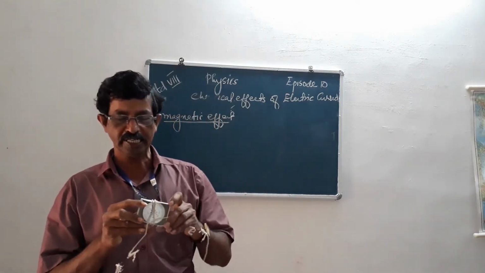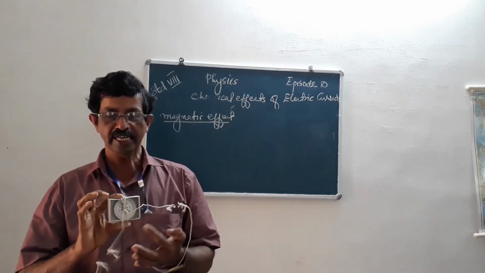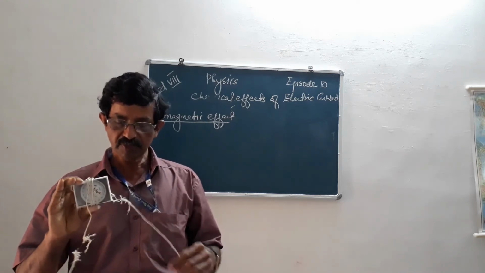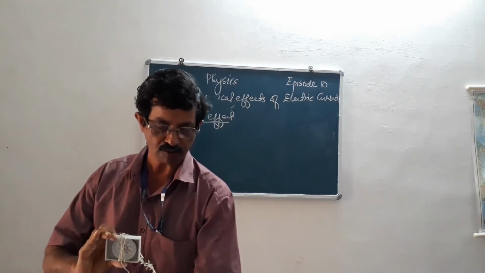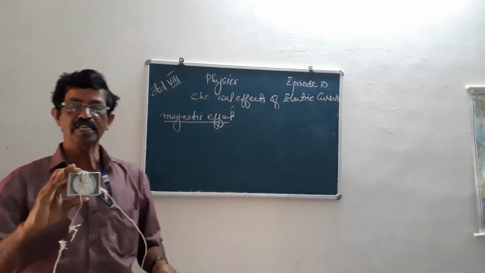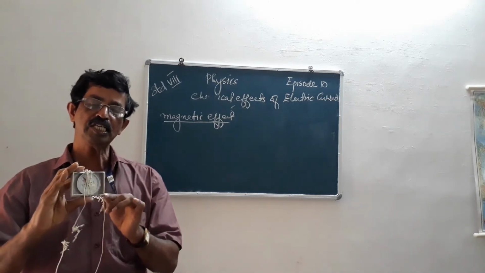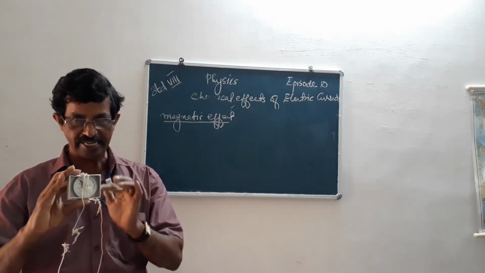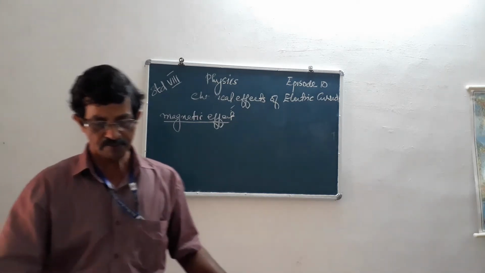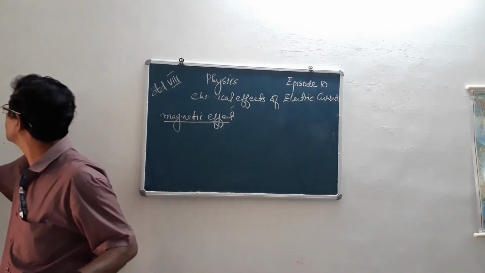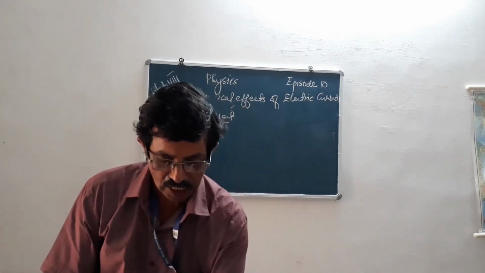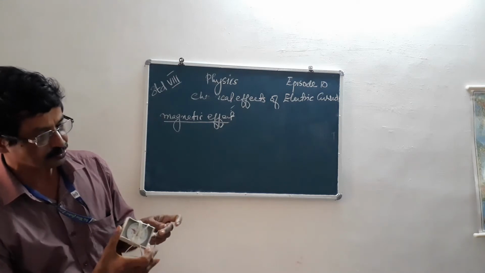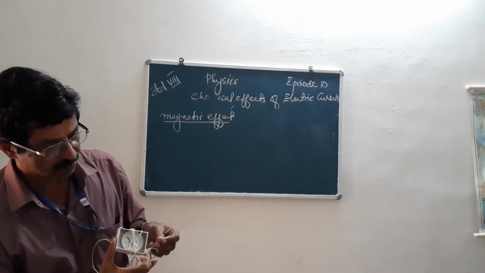A compass is arranged within a case, and we wound this conducting wire around it, and the two free ends are connected. When current is passed through this, we can see that the compass is deflecting.